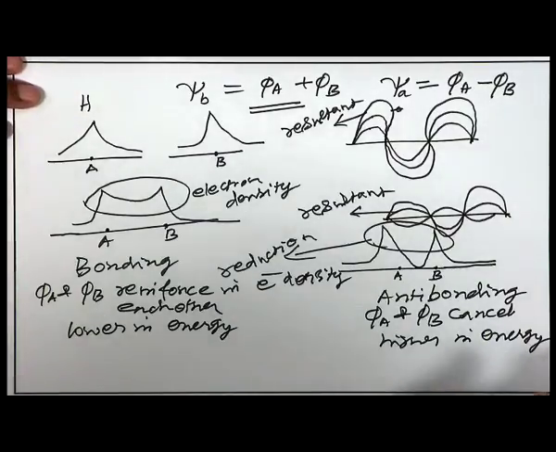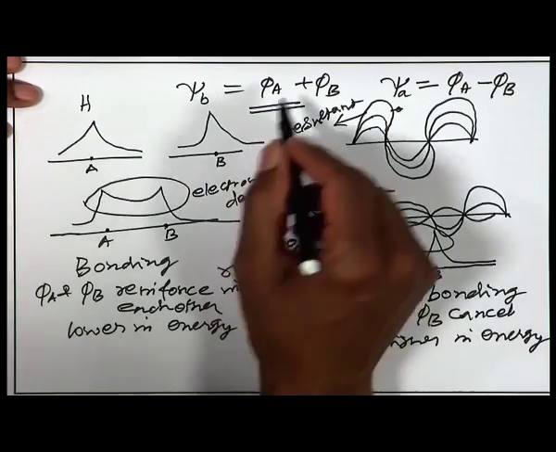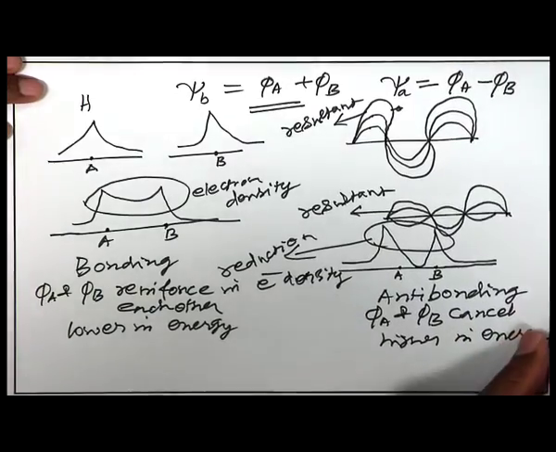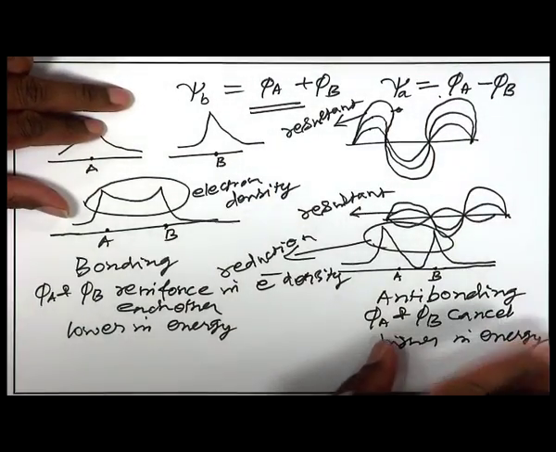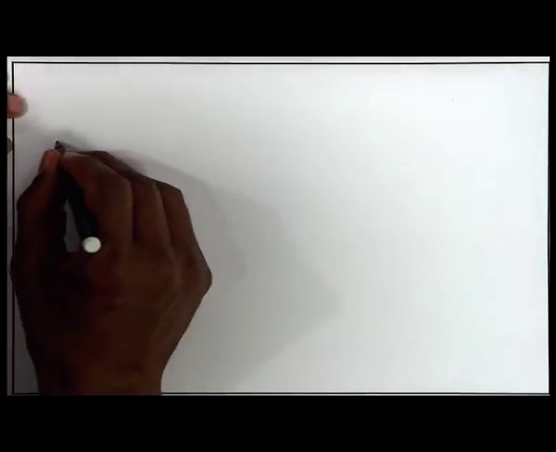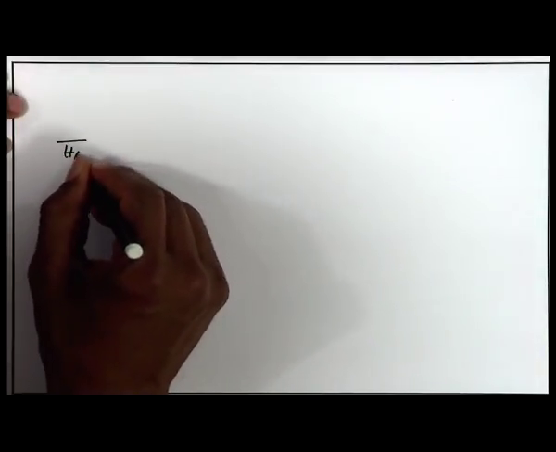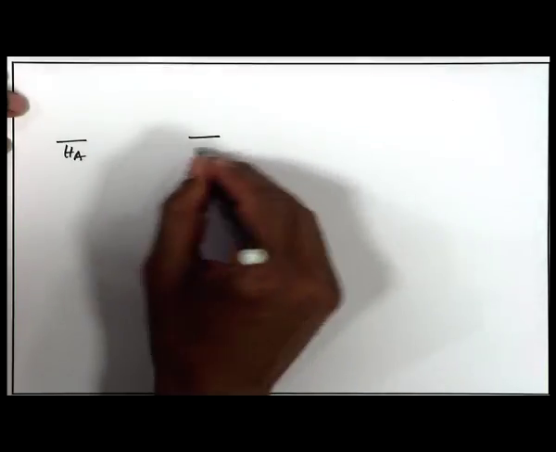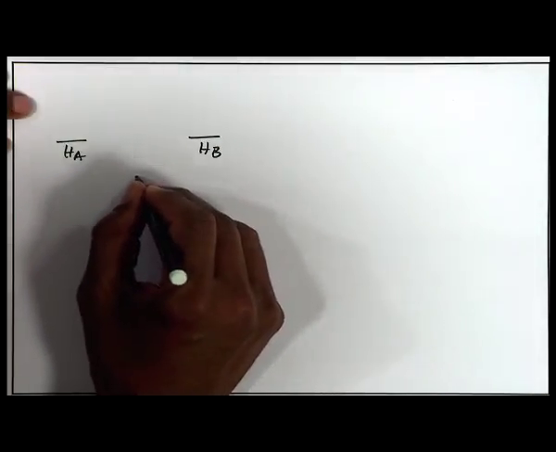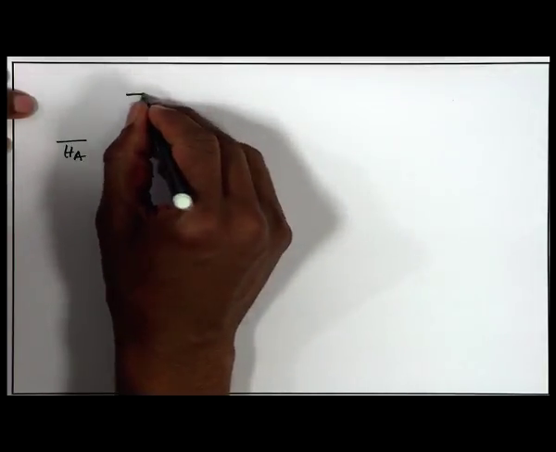So, it becomes clear now what is the meaning of these two equations. Still, one can represent these two equations in a diagram like this. So, you have an atom A, a hydrogen atom A, interacting with another hydrogen atom B, and then there is one energy level lower in energy, another energy level higher in energy.